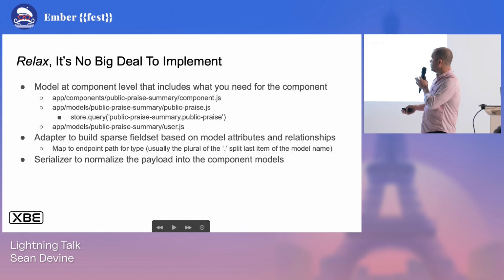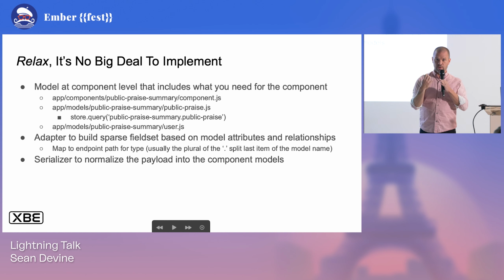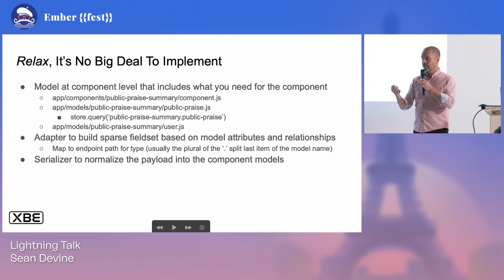The last thing you do is add a serializer that normalizes the payload of the response into the component model. Basically all that's doing is taking the non-namespaced response that's coming from the server and renamespacing it based on where it was requested from.